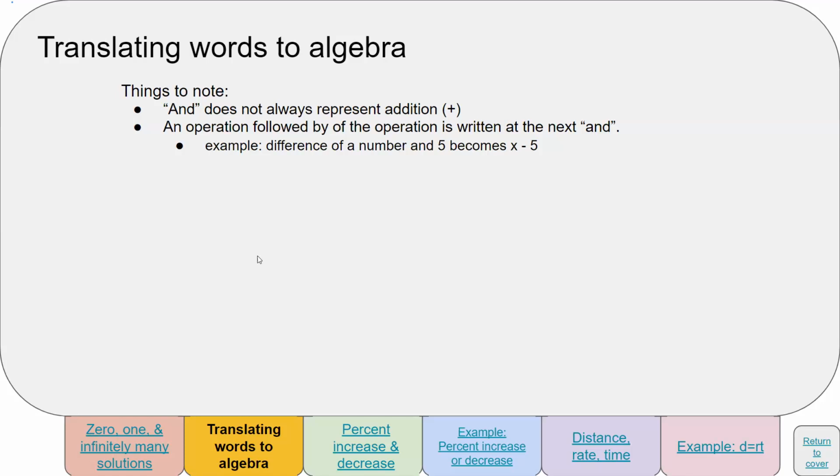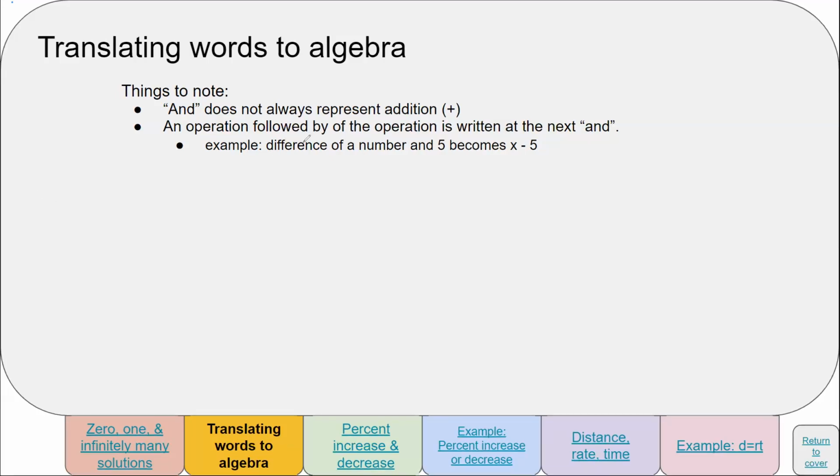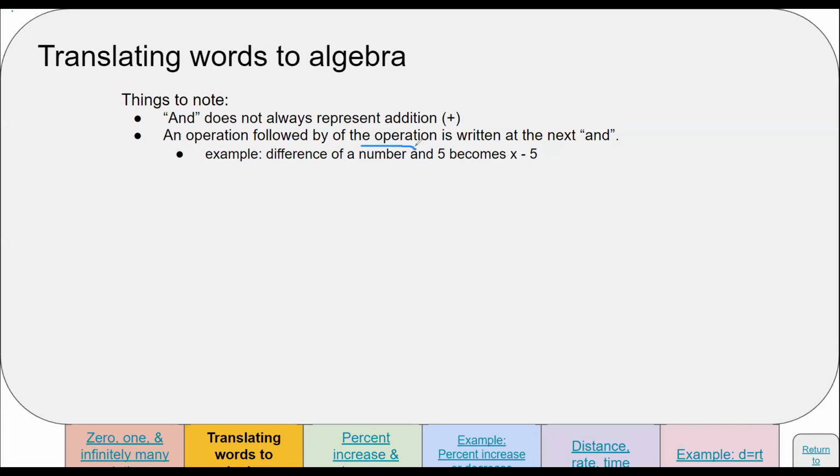What that becomes is x. So the number, the "and" is a minus because we're talking a difference, and then we have the 5. A lot of times I will put an arrow saying that, oh, I want to go from the difference, that is an "and". A lot of times I will put this underneath it. We'll have a minus sign so that I remember that "and" is going to be a minus.